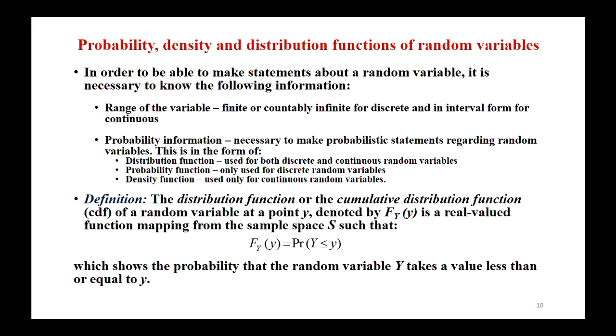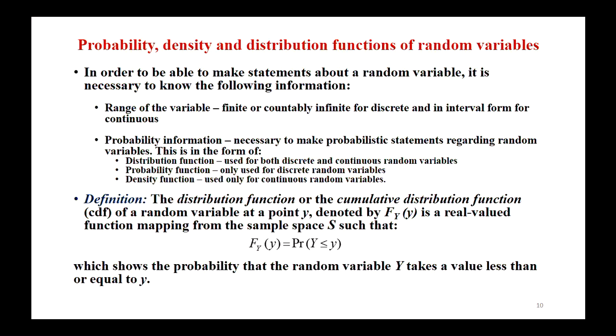Okay, so let us start with the distribution function. The distribution function, or sometimes, as I said, the cumulative distribution function, is defined as follows. The distribution function of a random variable, capital Y, at a point, small y, we denote by F_Y(y).